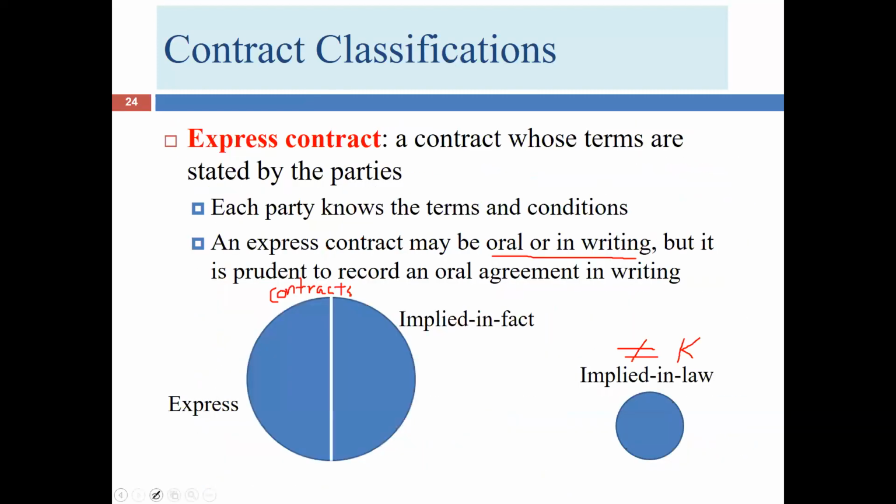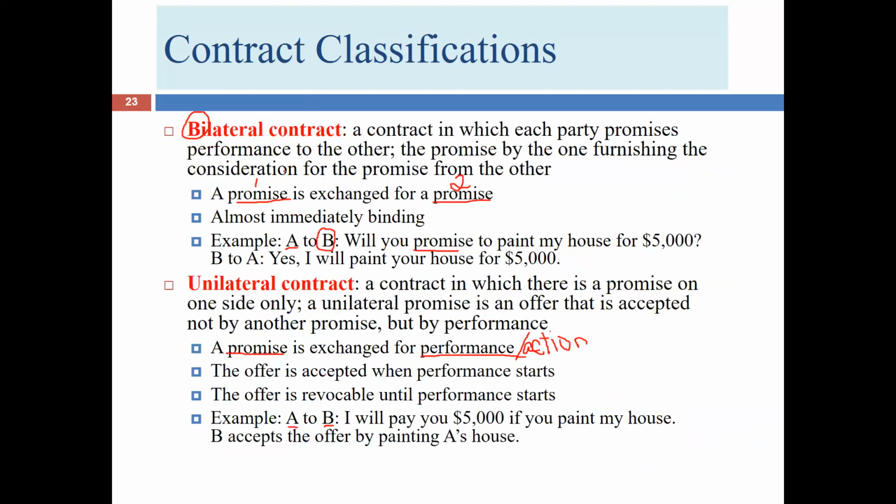So let's go back to our unilateral, our bilateral situation. So let's say that Adam and Bob sign a contract that says, Adam says, "I will pay Bob $5,000 when he paints my house." And Bob says, "I promise to paint Adam's house because he will pay me $5,000."